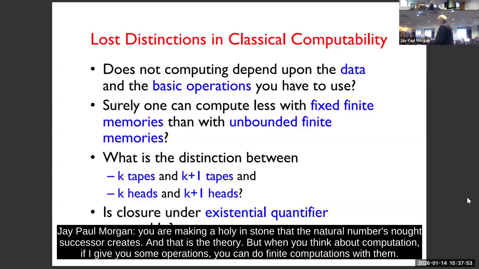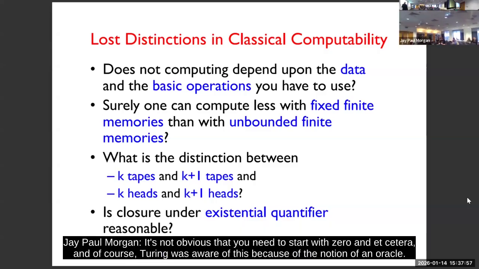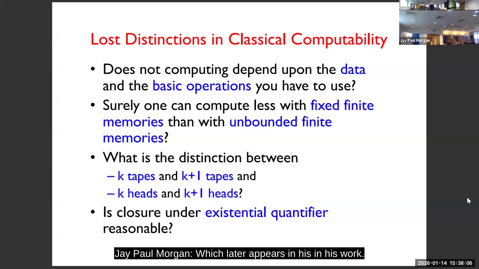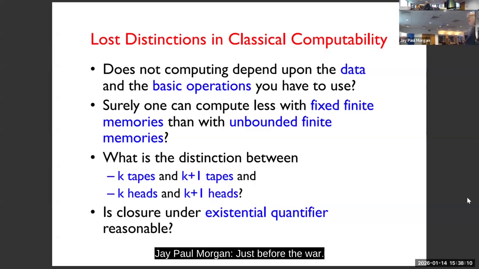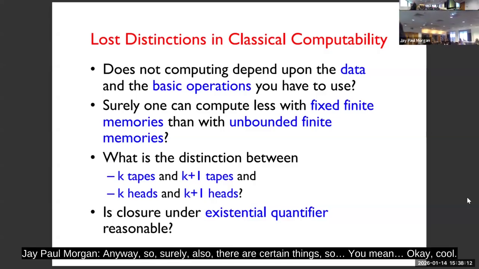But when you think about computation, if I give you some operations, you can do finite computations with them. And it's not obvious that you need to start with 0 and successor. Turing was aware of this because of the notion of an oracle, which later appears in his work just before the war.